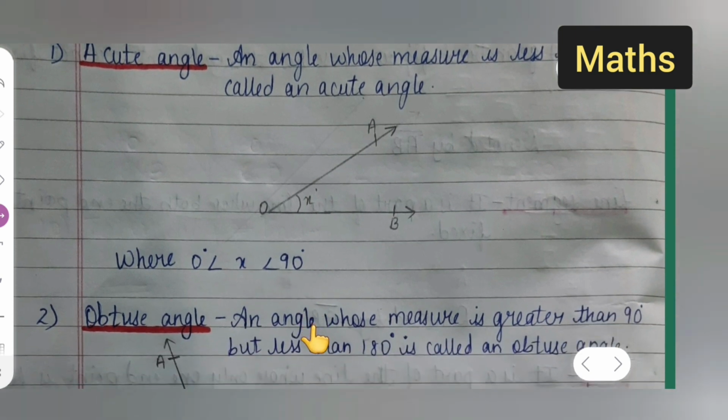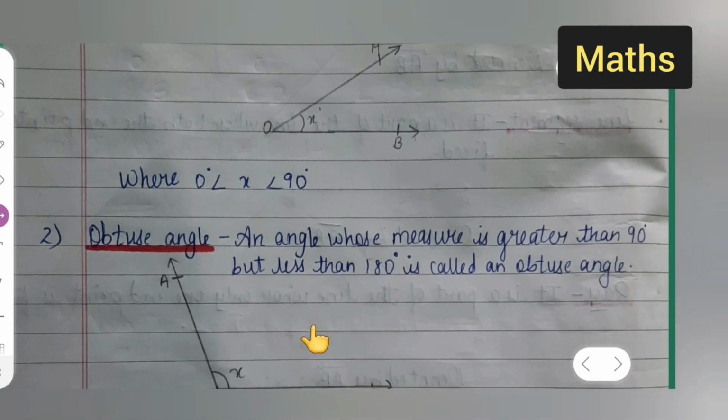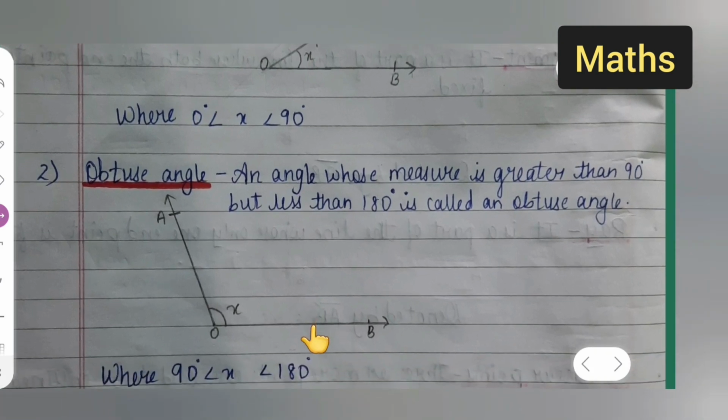Next, let us see what an obtuse angle is. An angle whose measure is greater than 90 but less than 180 is called an obtuse angle.